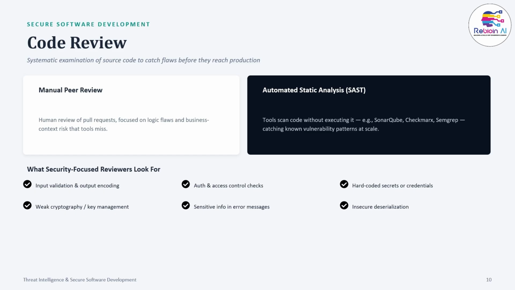Second, authentication and access control. Can users only see and do what they are supposed to? Third, hard-coded secrets. Did someone accidentally leave a password or API key directly in the code, like leaving your house key under the doormat with a sign pointing to it?